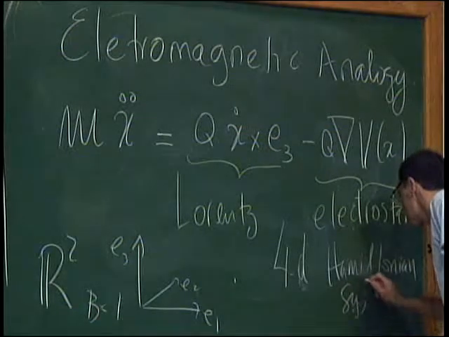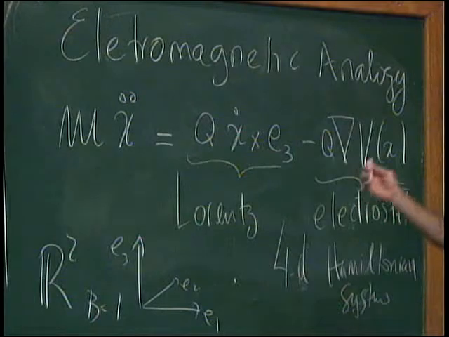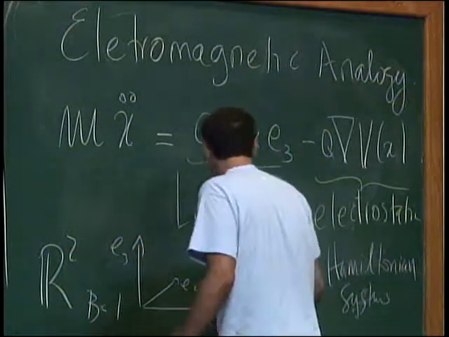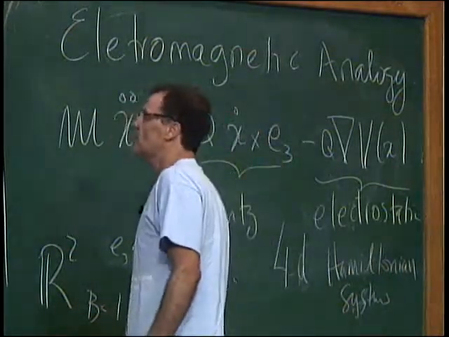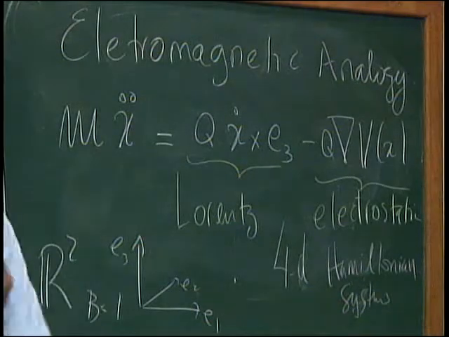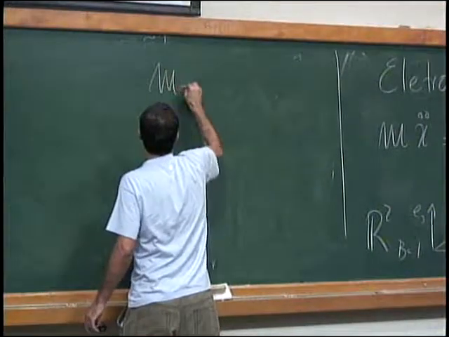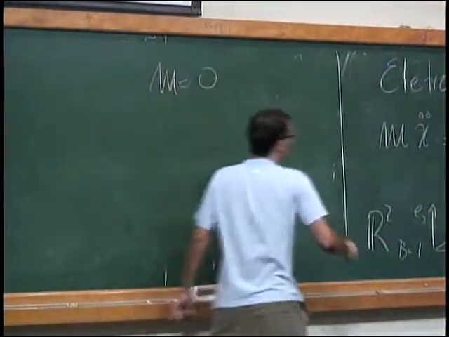What happens if I just make m equal to 0? Suppose I just take a very light particle. The mass is very small, and eventually it gets to 0. So I make m equal to 0. If m is equal to 0, what happens?